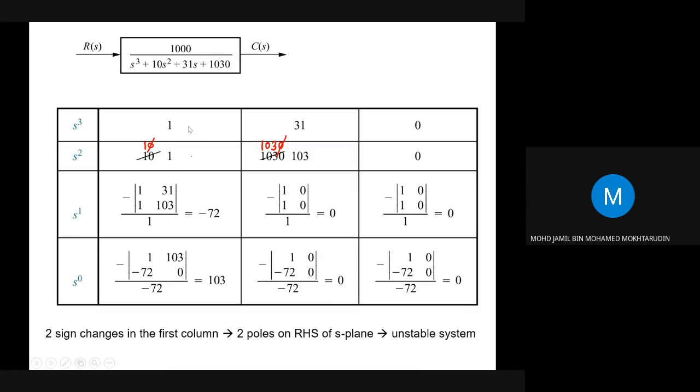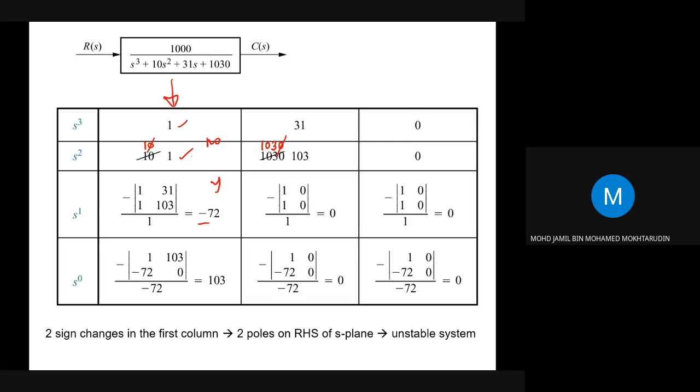Okay, after that, you need to look for sign changes in the first column. So in the first column, from s^3 to s^2, it's +1 and +1. So no sign changes here. And then from s^2 to s^1, you have +1 and -72.